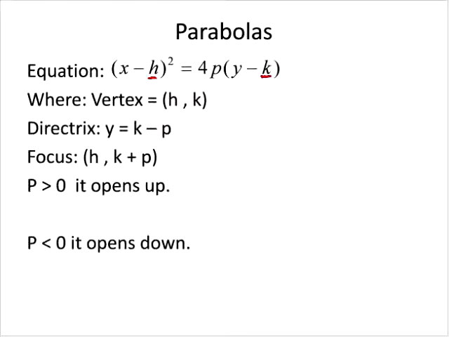The directrix is the line y equals k minus p. Remember, that's going to be a horizontal line. The focus is, of course, (h, k plus p). If p is positive, it opens up, a parabola that opens up like a smiley face. If it's negative, it'll be a parabola that points down like a little frown. Okay? So let's look at an example.